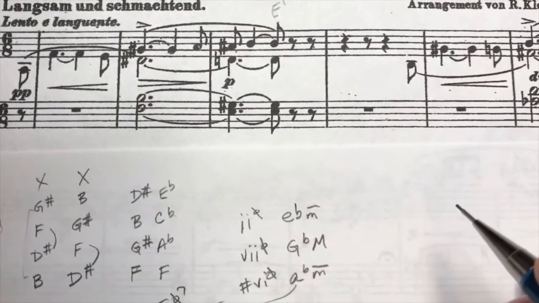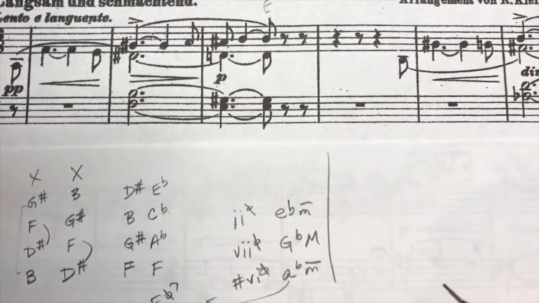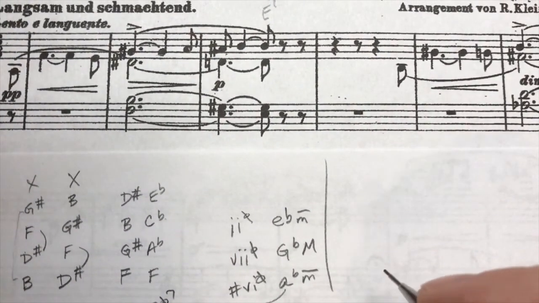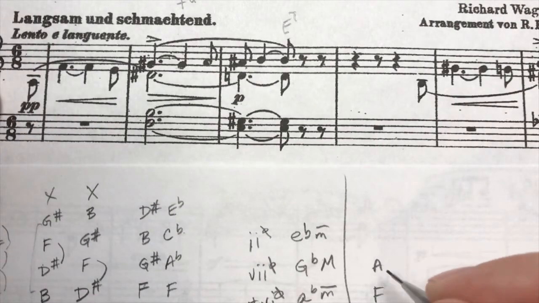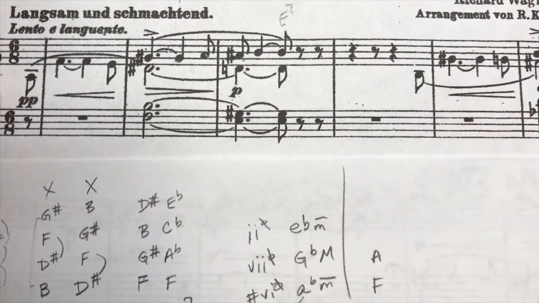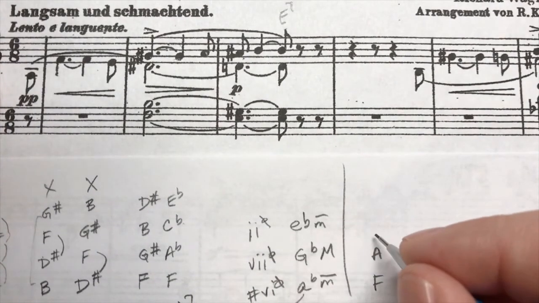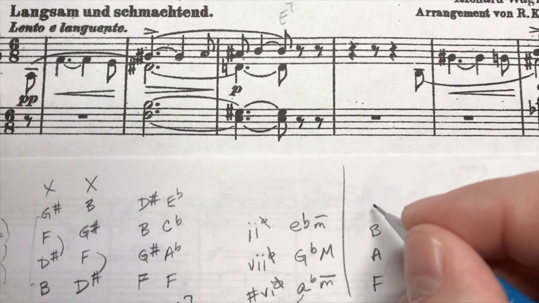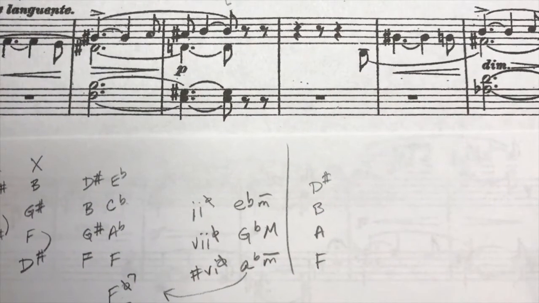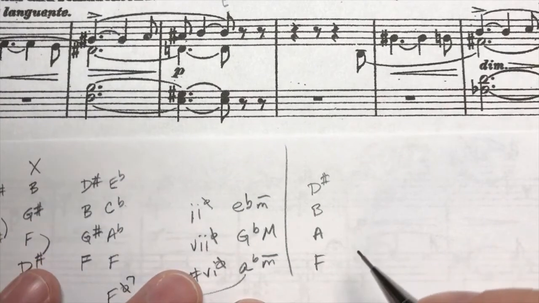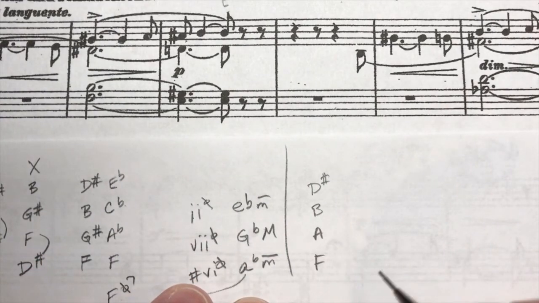If we consider the A to be the chord tone, then we would have, if we unravel this in thirds, F, A, B, D sharp. Now this is a more familiar chord to us because this is the French augmented 6th chord in A minor.